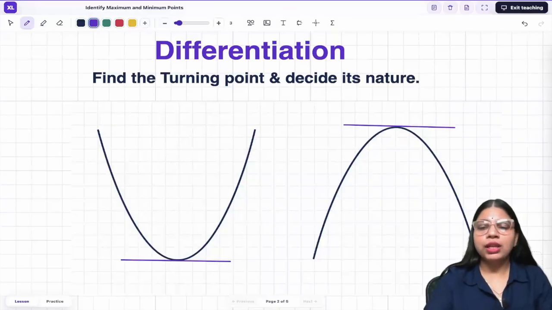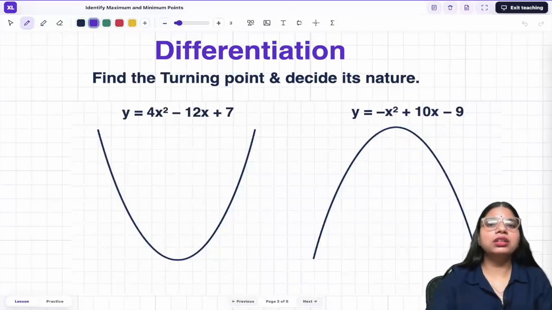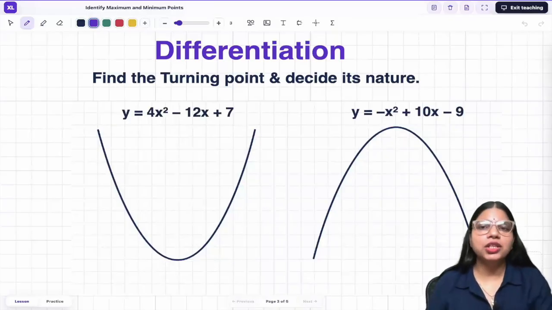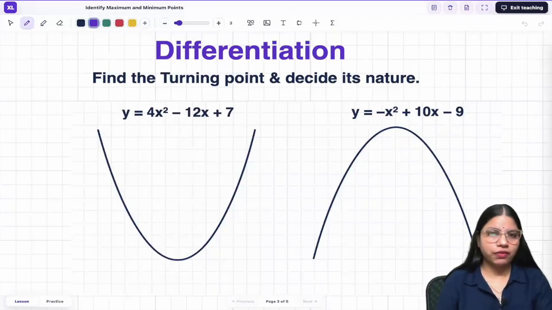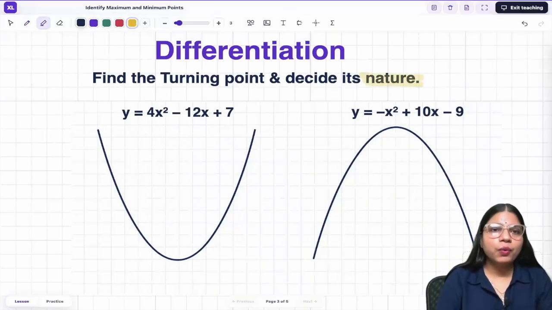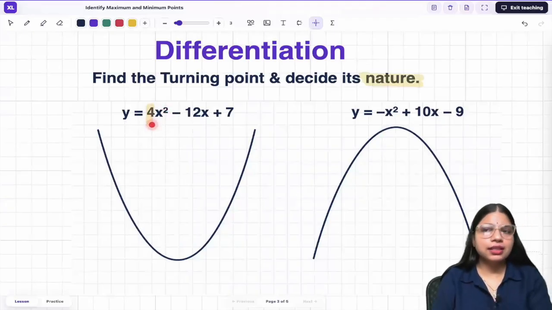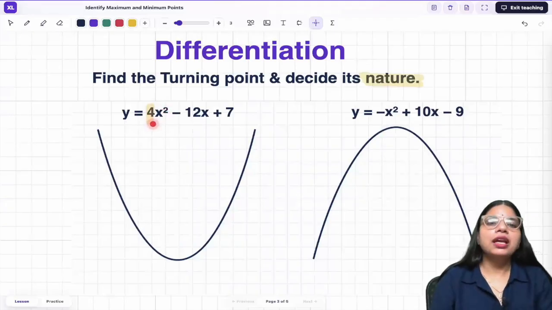So let's understand how to find out the turning point as well as decide the nature of the turning point if the equation is given to us. So we'll first talk about the nature. If we have the coefficient of x squared, what did I say? You have to focus on the coefficient of x squared. If it is positive, we are discussing quadratic equations in this lesson, if it is positive, we are going to be getting a minimum.